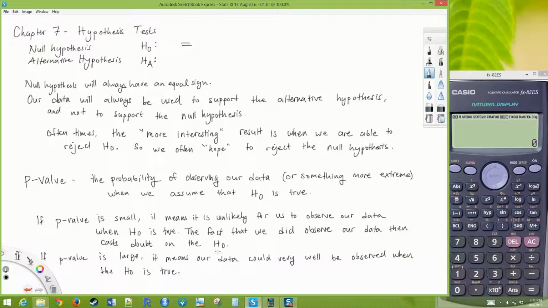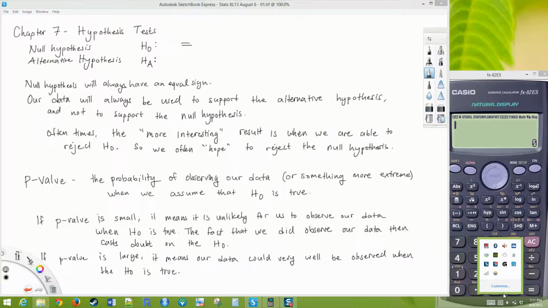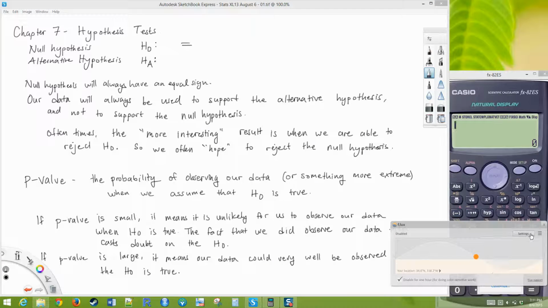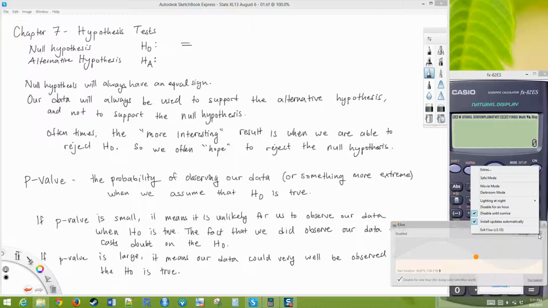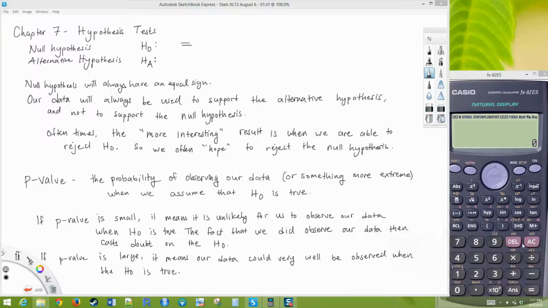This does not prove that the null hypothesis is true, but it does not cast doubt on the null hypothesis.